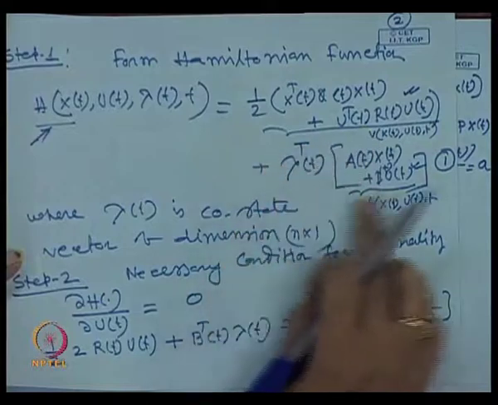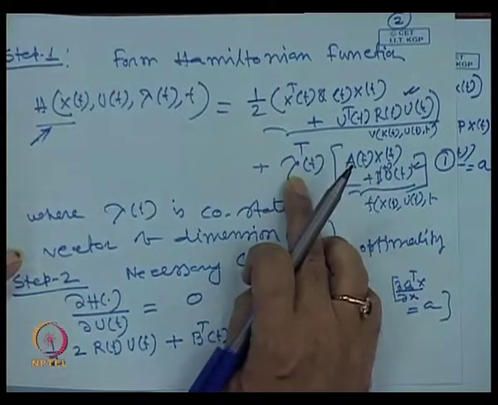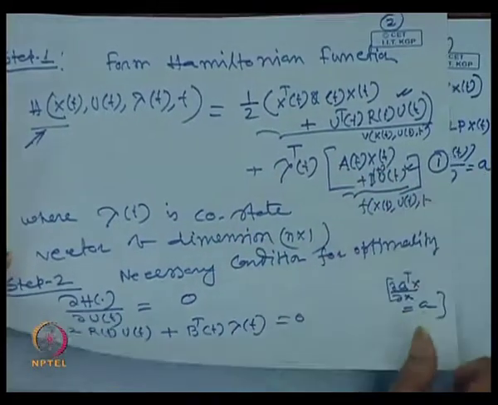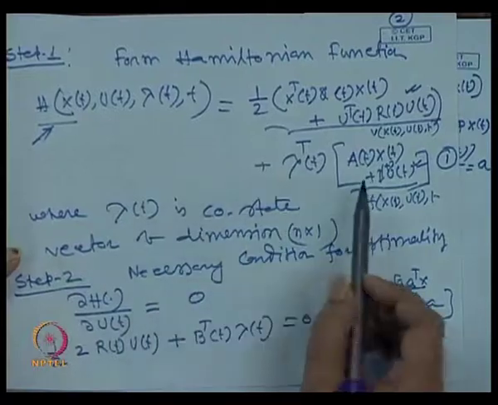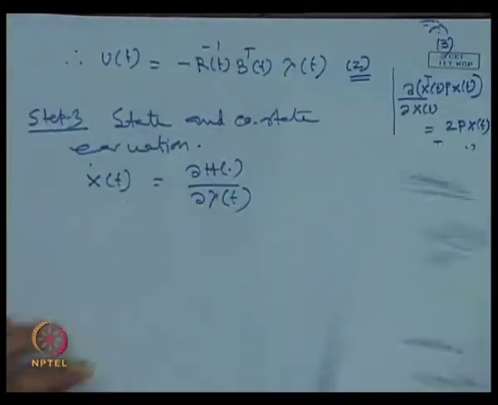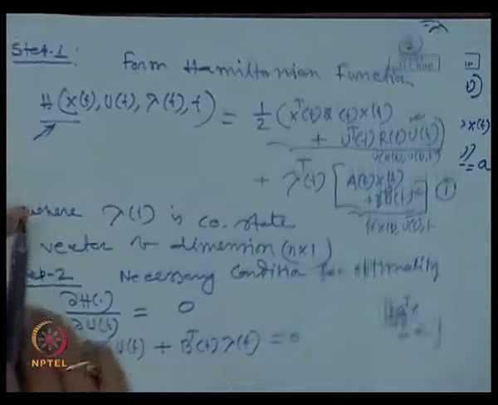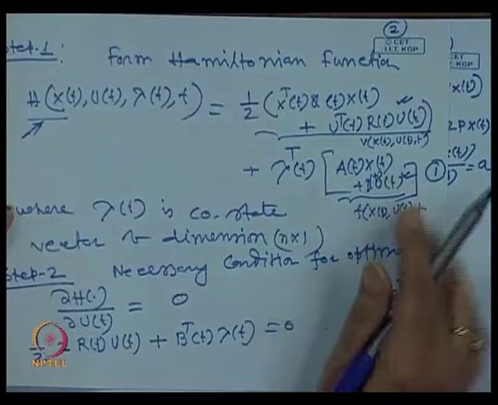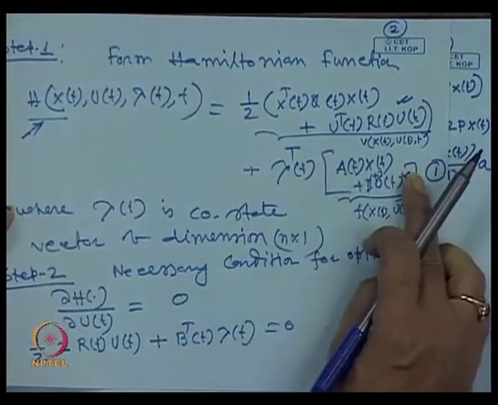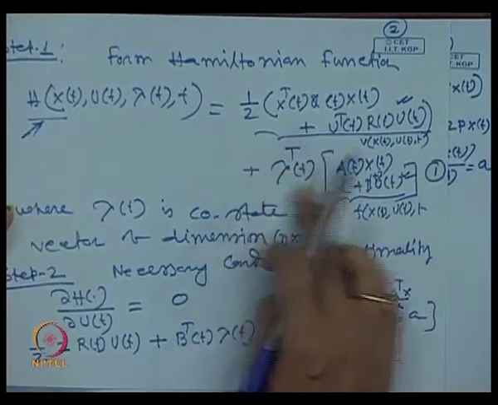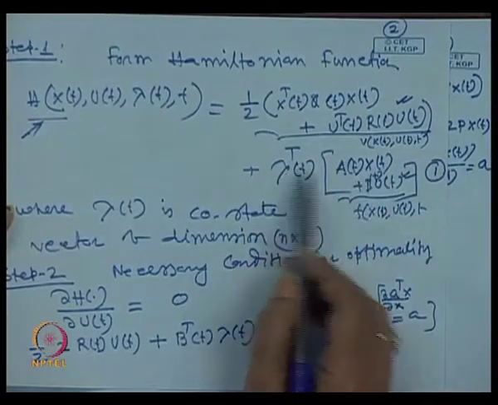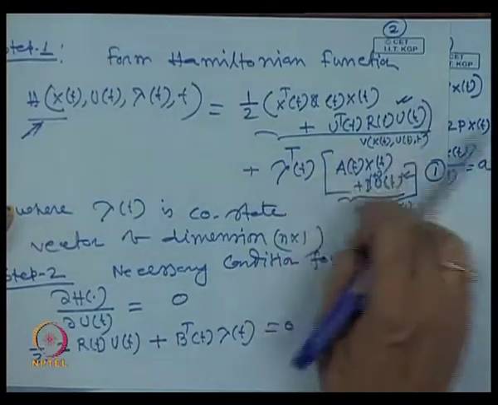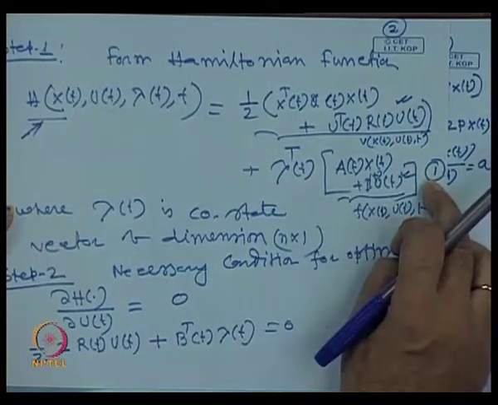So, if you differentiate this with respect to lambda, I can write it, this is nothing but A x plus B u. I am differentiating this with respect to lambda. I can write it as A x plus B u whole transpose into lambda, because this is a scalar quantity, and this and this multiplied is a scalar quantity, agree.